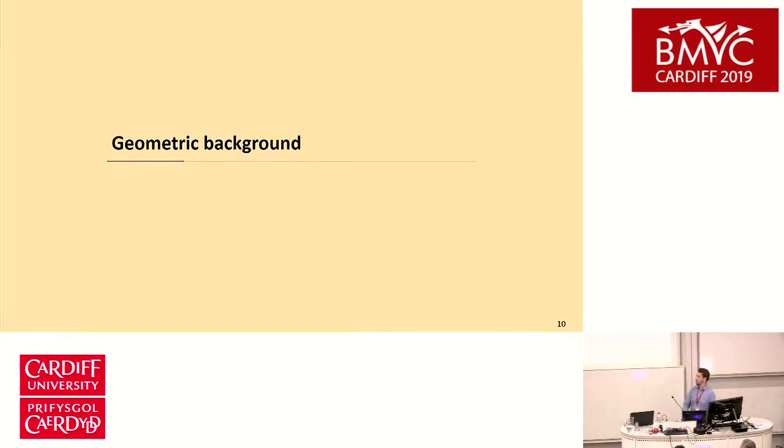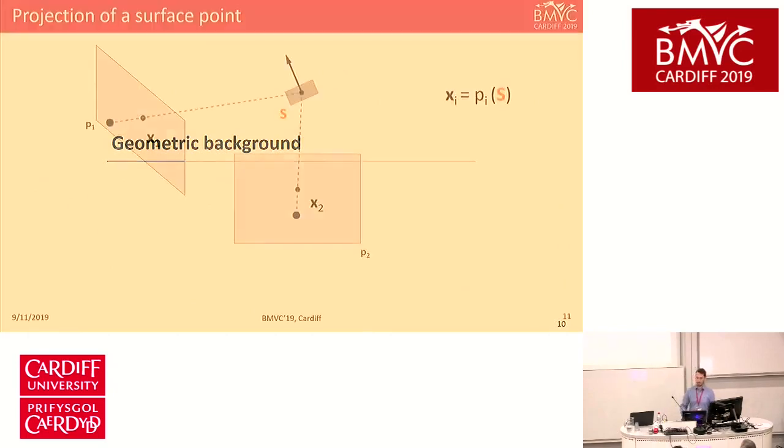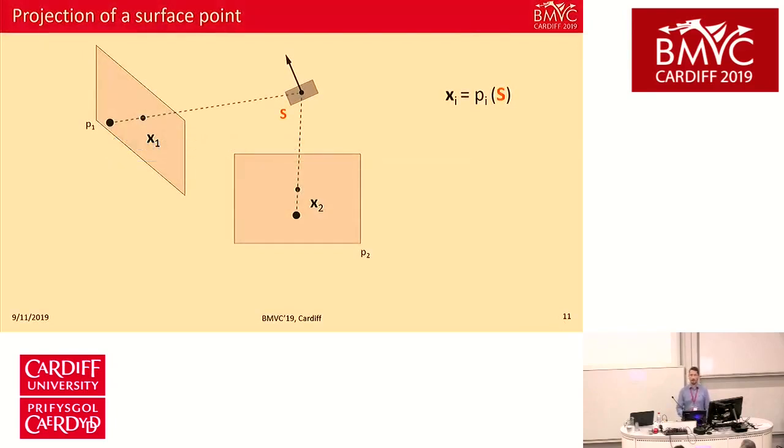So some geometric background is the following related to affine correspondences. If we have a point on a surface, the point is called S, and if we take its projections onto two views, we get a point correspondence from points x1 and x2. They are image points.